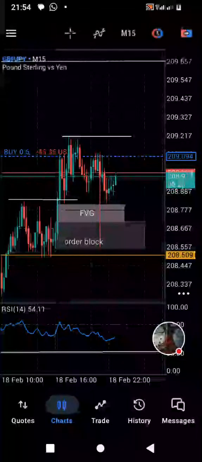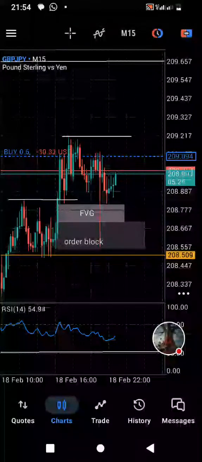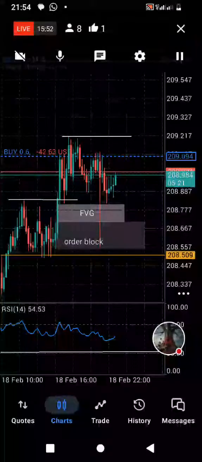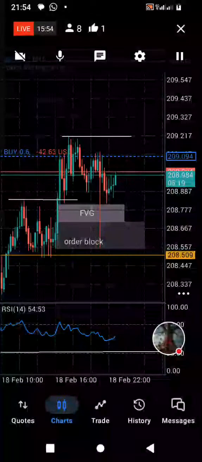Take a trade now and set your stop loss just below the order block.